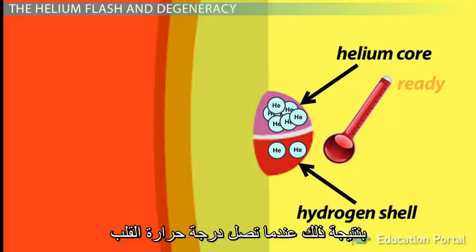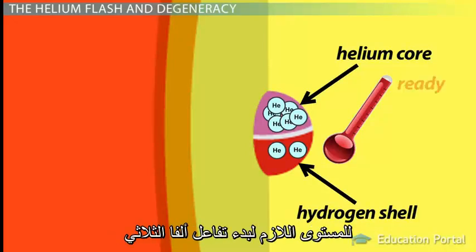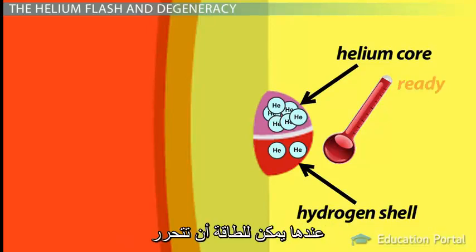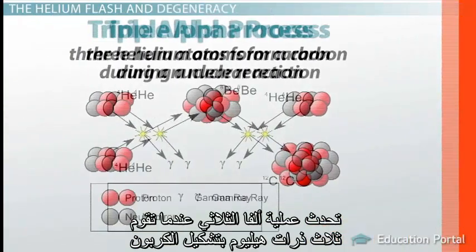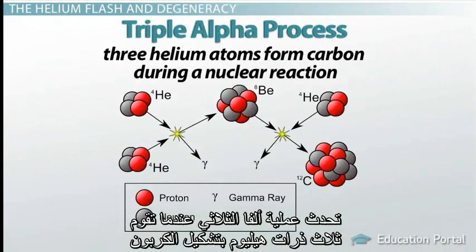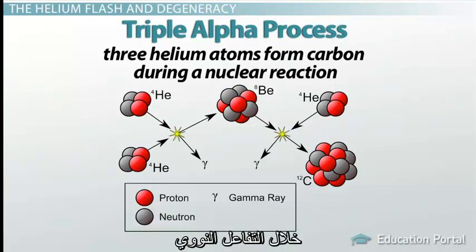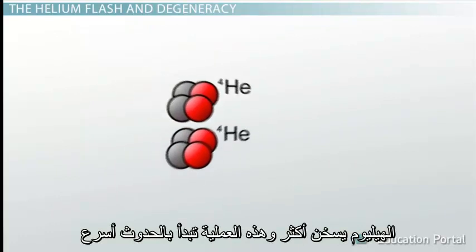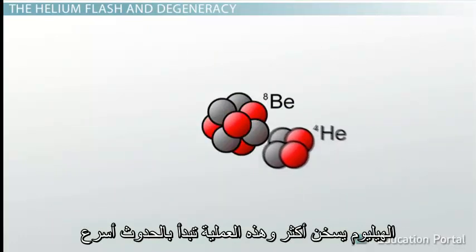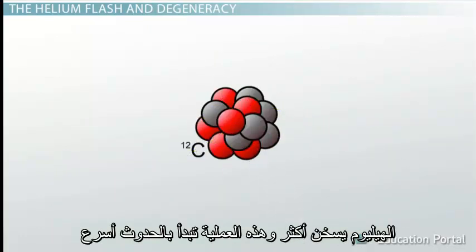As a result, when the temperature in the core reaches the level necessary for the triple alpha process to begin, then energy can be released. The triple alpha process is when 3 helium atoms form carbon during a nuclear reaction. The helium heats up even more, and this process begins to occur even faster.